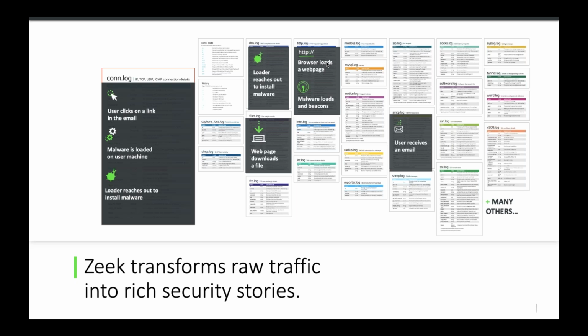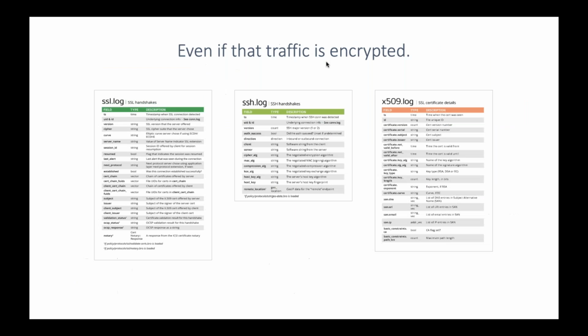So everything that you need to follow the trail and understand how an attack played out, and what all the parts of its infrastructure are, is contained within one comprehensive, normalized set of logs that contain an indexing layer we refer to as the UID, which allows you to pivot between layer 4, layer 7, files being set down, etc. So it's a very simple, easy way to understand what has happened with the network traffic, even if that traffic is encrypted.